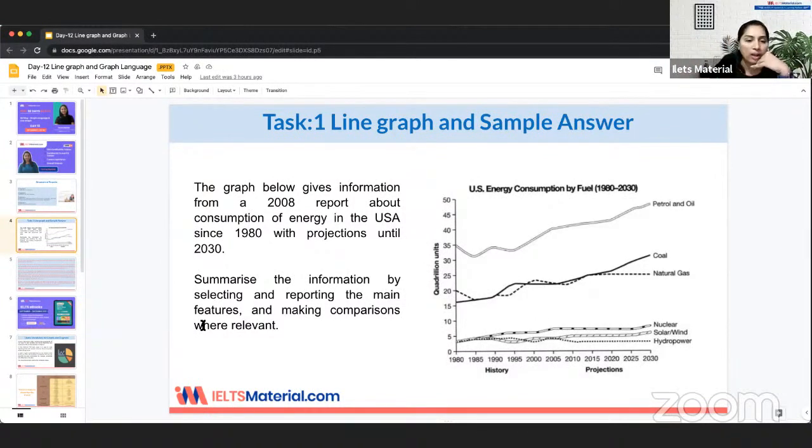Okay, so can we do like yesterday? If you can give me the paraphrased introduction, please, it will be great. The question says, the graph below gives information from a 2008 report about consumption of energy in the USA since 1980 with projections until 2030.